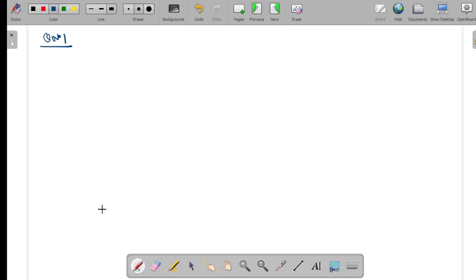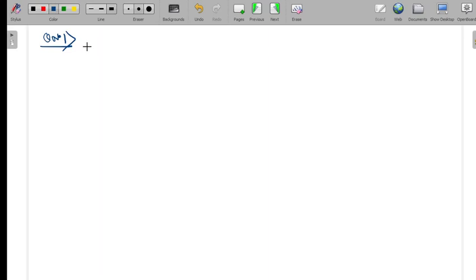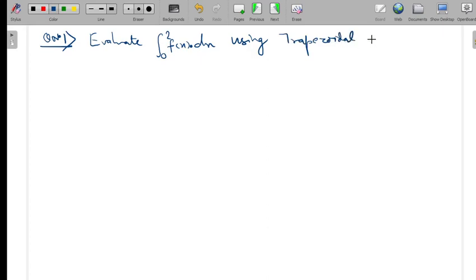Evaluate the integration from 0 to 2 of f of x dx using the trapezoidal rule from the given table.